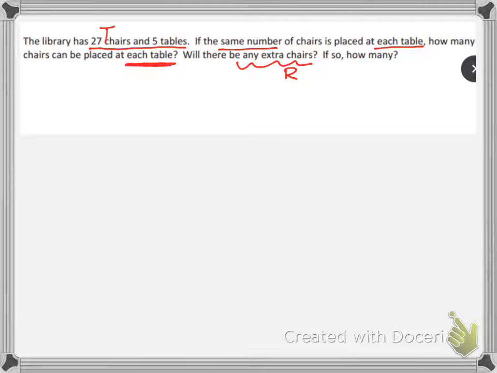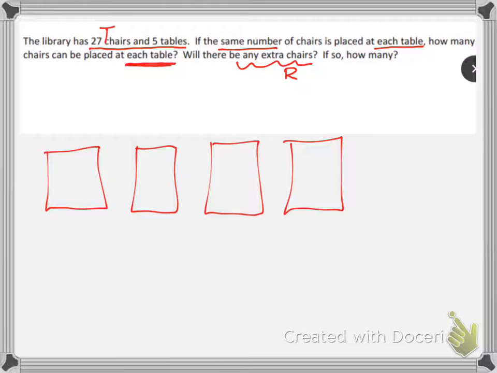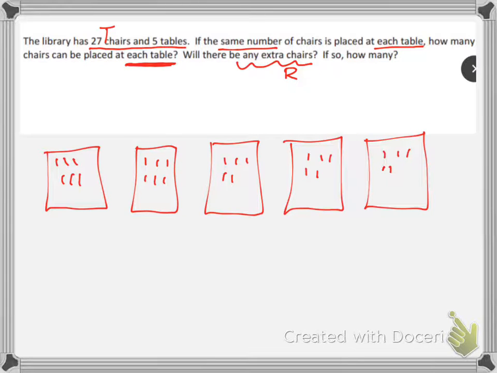Let's start making our 5 tables. 1, 2, 3, 4, and 5. So we have 5 tables. And how many are going to go in each group? We have 27. So let's start spreading apart those 27 chairs. We've got 1, 2, 3, 4, 5, 6, 7, 8, 9, 10, 11, 12, 13, 14, 15, 16, 17, 18, 19, 20, 21, 22, 23, 24, 25, 26, 27, there it is, 27.